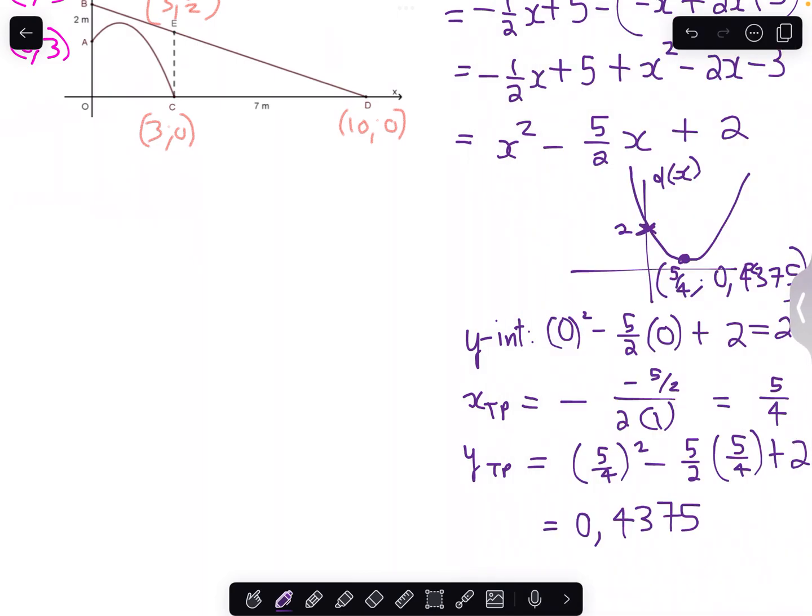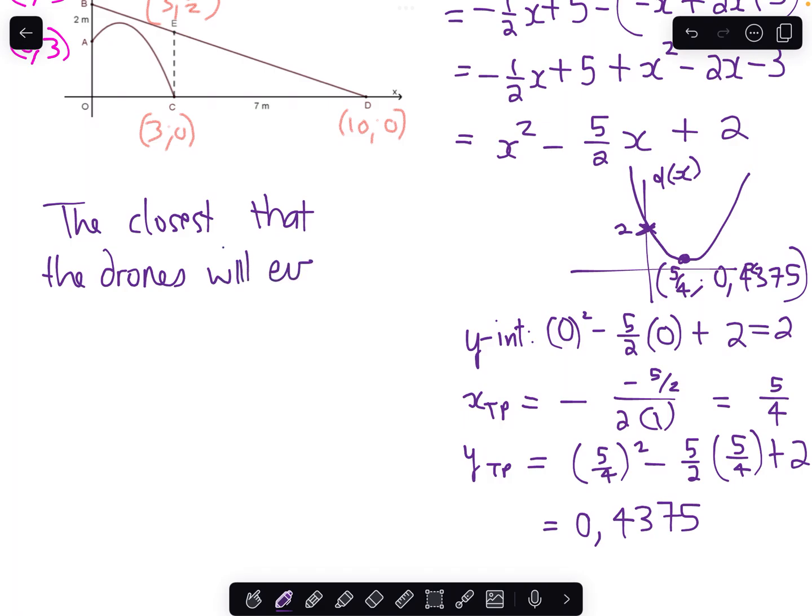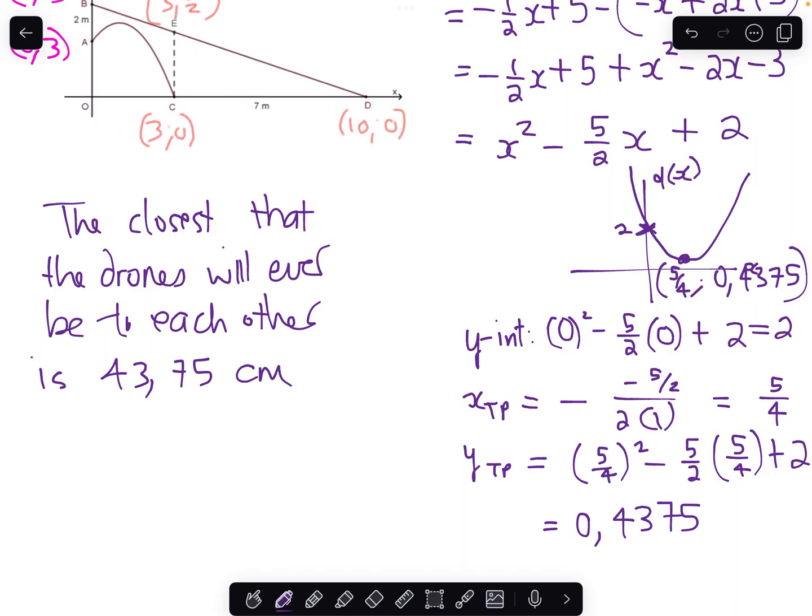So the closest the drones will ever be to each other is 43.75, sorry, turning it into centimeters. So this is meters, 43.75 centimeters.